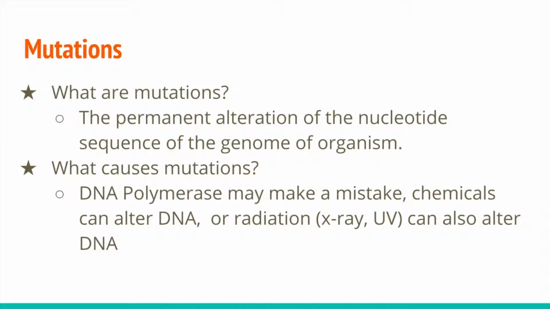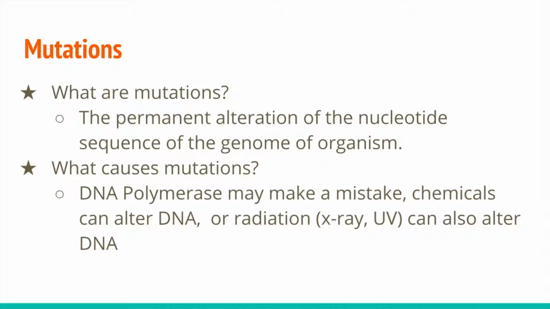There are certain things that cause mutations. For example, DNA polymerase can make a mistake. It's very, very rare, but DNA polymerase may make a mistake and cause a mutation. Other things, such as chemicals like nicotine, can alter your DNA and make changes also.